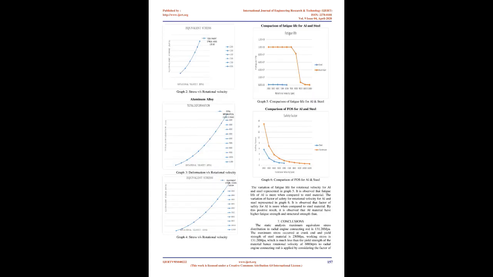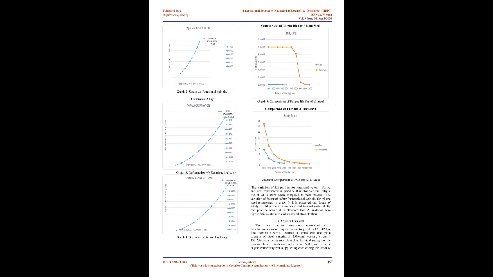7. Conclusions. The static analysis maximum equivalent stress in the radial engine connecting rod is 131.28 MPa. The maximum stress occurred at the crank end. The yield strength of steel material is 250 MPa and the working stress is 131.28 MPa, which is much less than the yield strength of the material.